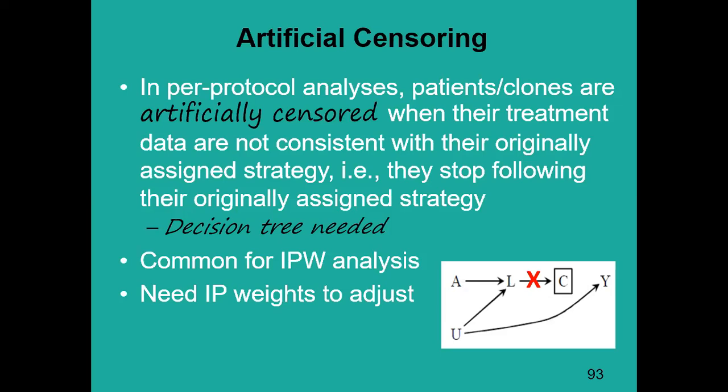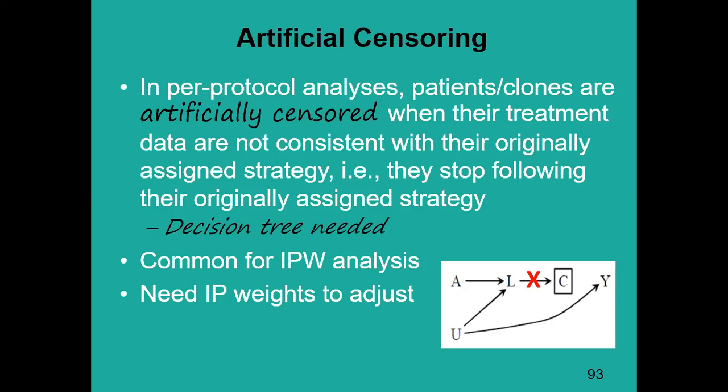There are many scenarios related to following and deviating. So for this, we need to have a decision tree or a process to describe very clearly the scenarios where you are following the treatment strategy and the scenarios where you are deviating.